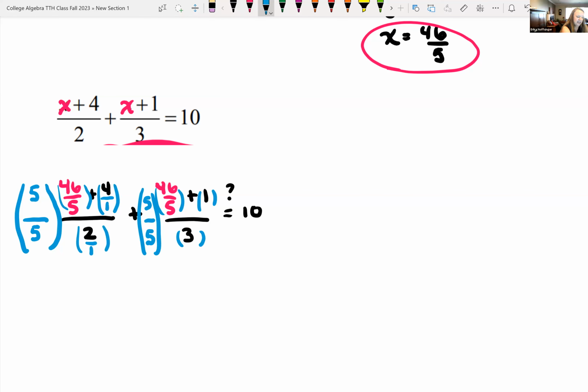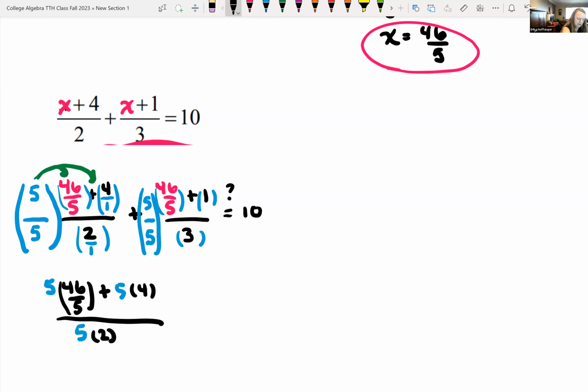So if I distribute my 5 to each term in the numerator, that's going to give me 5 times this 46/5 plus 5 times 4, all over 5 times 2. Plus, same idea here.